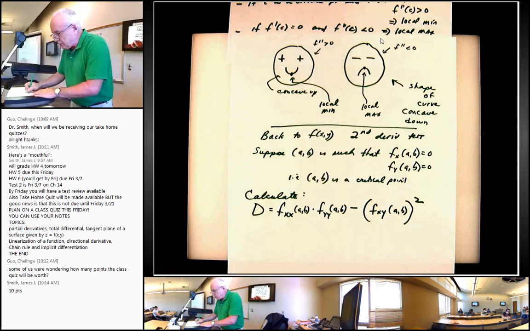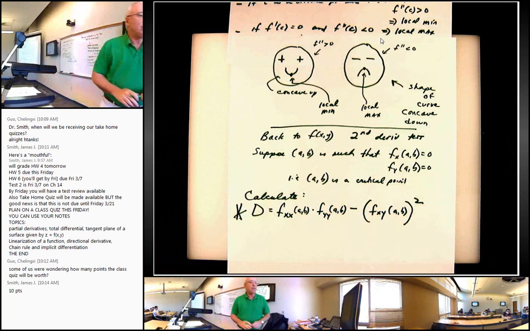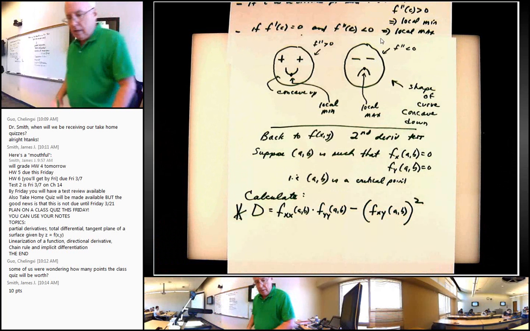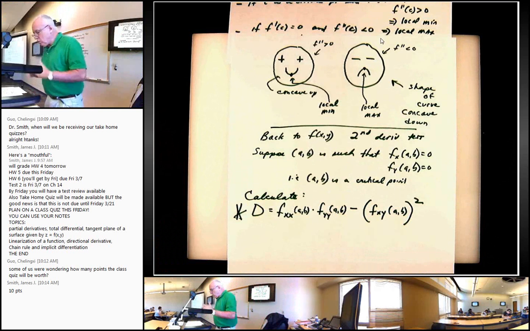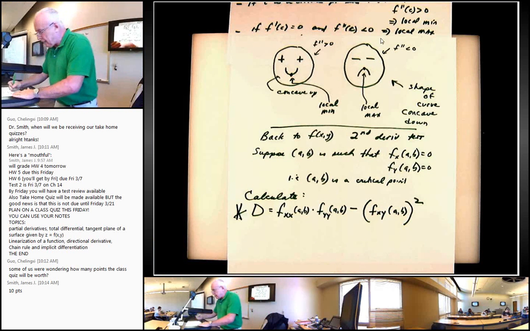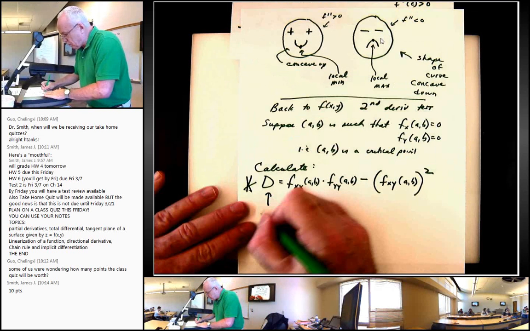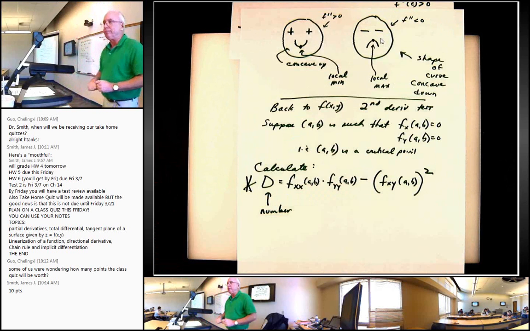So let me put a nice asterisk by that formula. Okay. Now, once we figure this out, this is a number. This is what we get after this calculation.